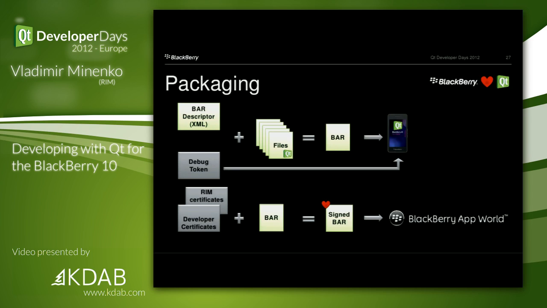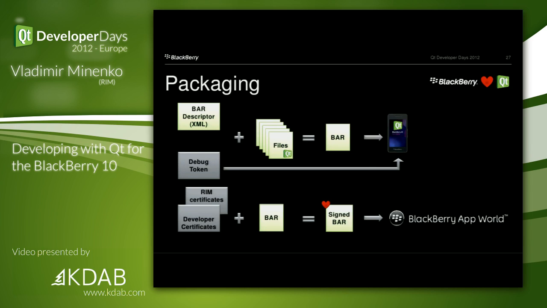I was talking about certificates, and one thing which is also created along with those certificates is the so-called debug token. On a device, you can turn the device into development mode, install the debug token, and then you will get quite some freedom doing many things. You don't need to deal constantly with talking to some online authority.